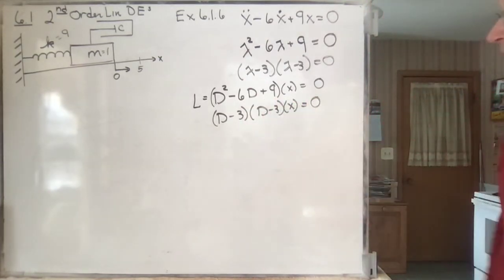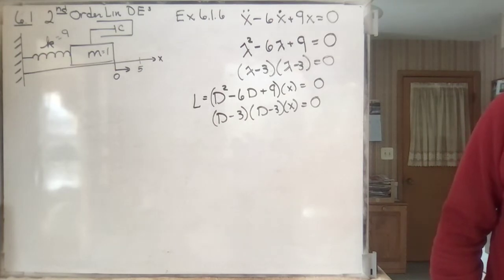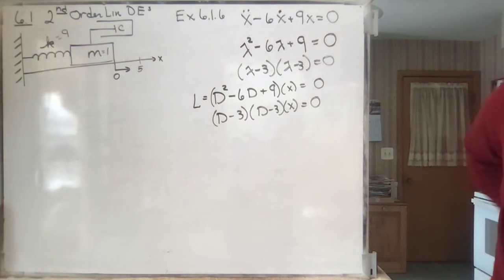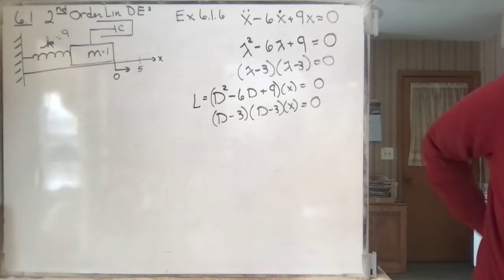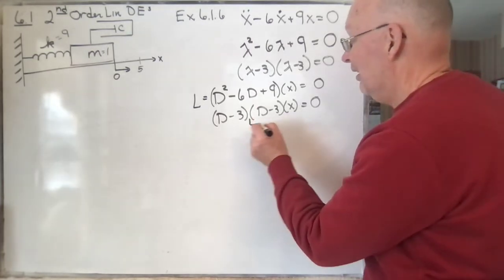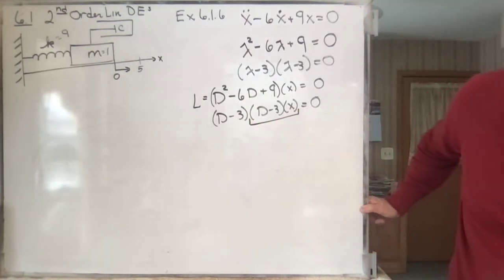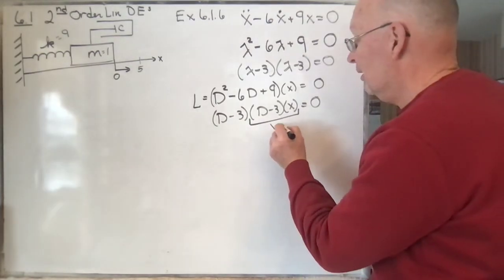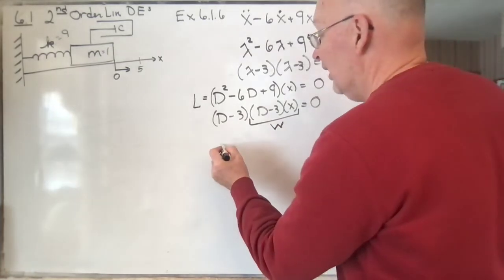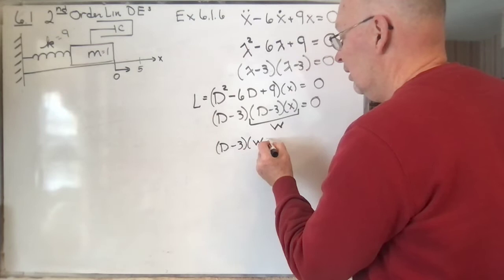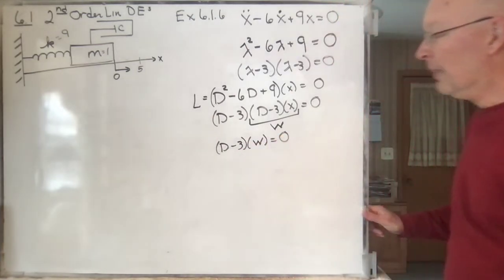That thing factors. Now this thing right here, we're going to call that W. And so now we can write D minus 3 W is equal to 0.